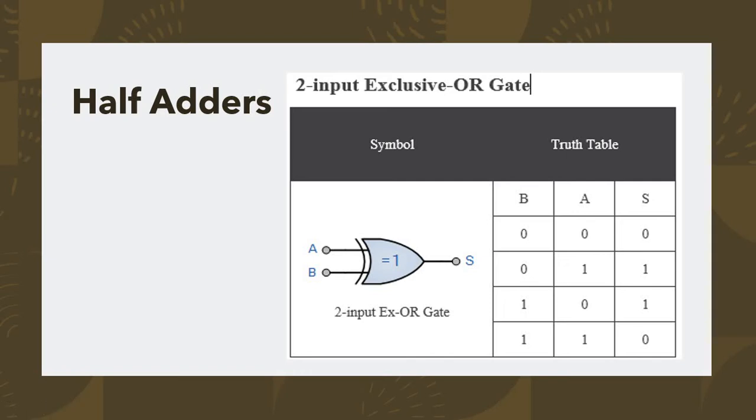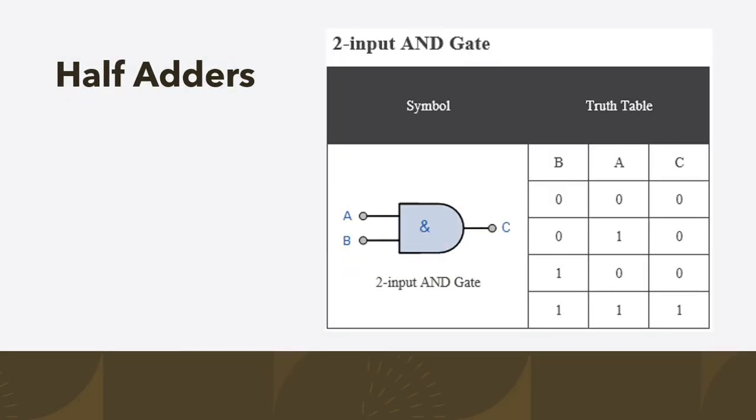Okay, so next we have this one, the 2 input AND gate. By the way, when it comes to inputs, we're only using the most basic, which are 2 inputs.